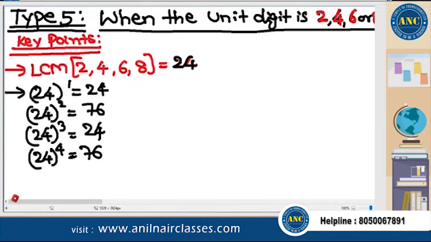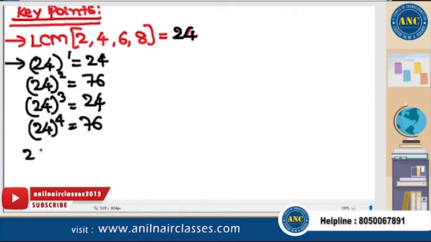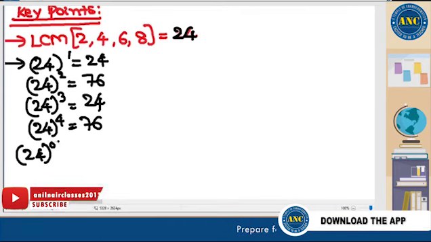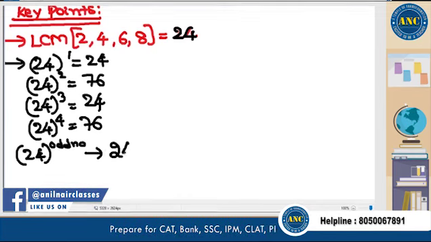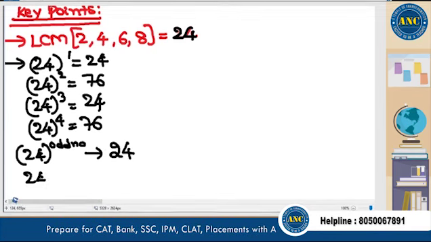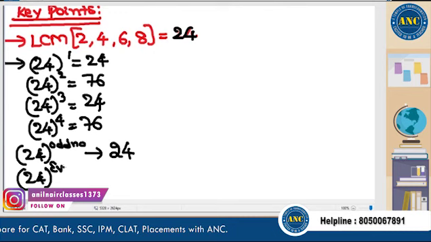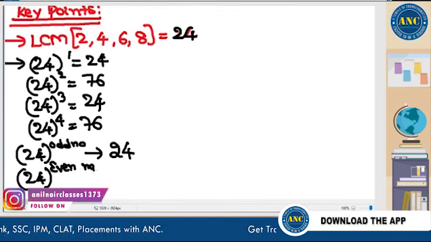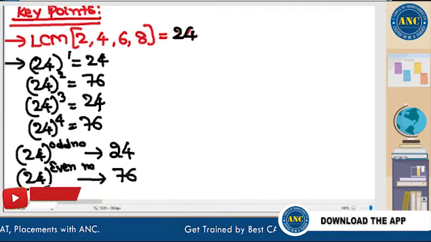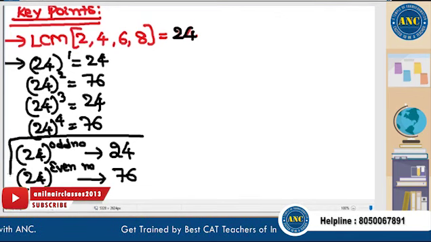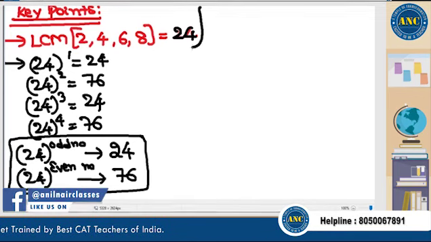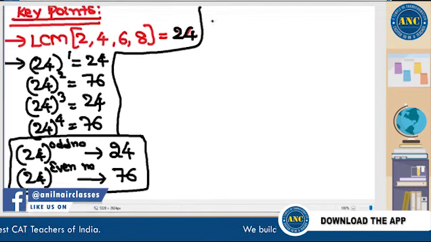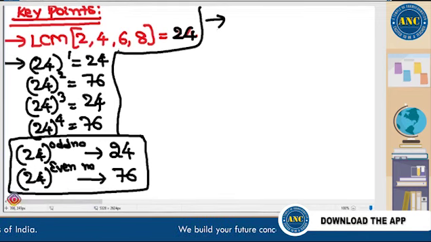That means can I say that 24 power 1, 3, 5 etc., odd number, 24 power odd number last 2 digits will be 24. Similarly 24 power 2, 4, 6, 8, even numbers, 24 power even number last 2 digits will be 76. Very important key point. 24 power odd number is 24. 24 power even number is 76. That is the second key point.